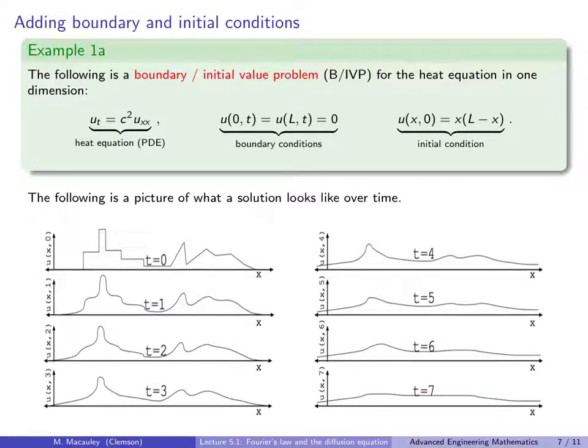Now I should point out that in this particular case, at x equals 0, the temperature is not actually 0. So while this represents an instance of the heat equation, it does not represent this particular instance of the heat equation. There's something else going on at the boundary, some other boundary condition, and we'll learn more about that in the next lecture.